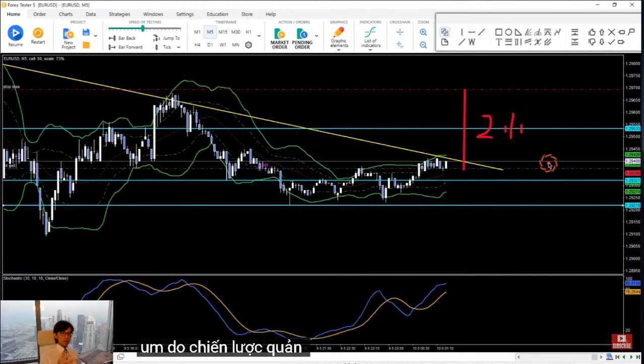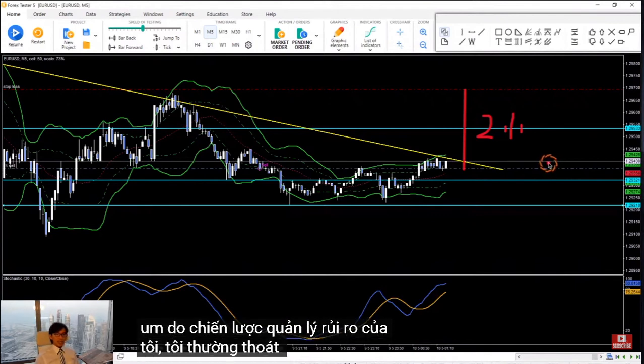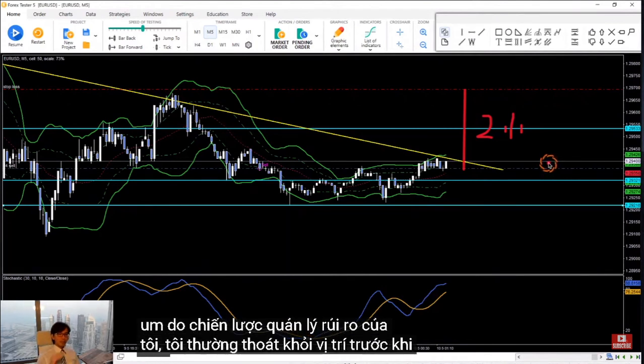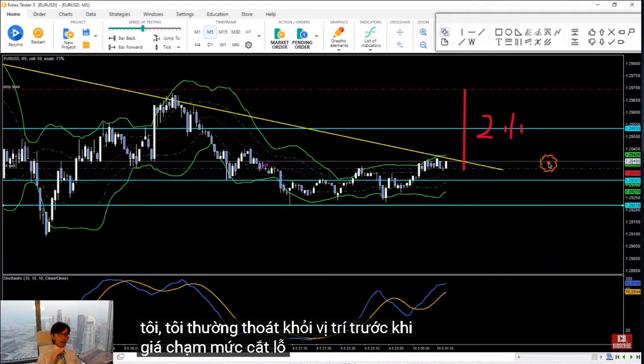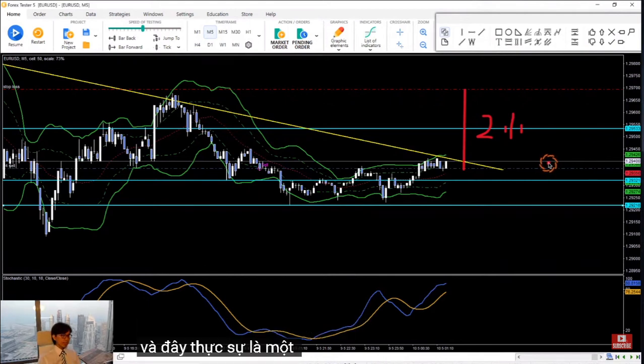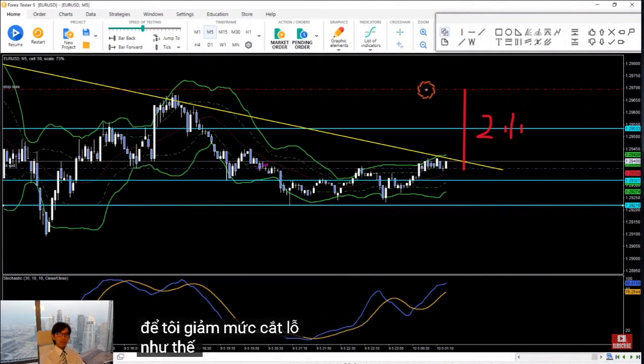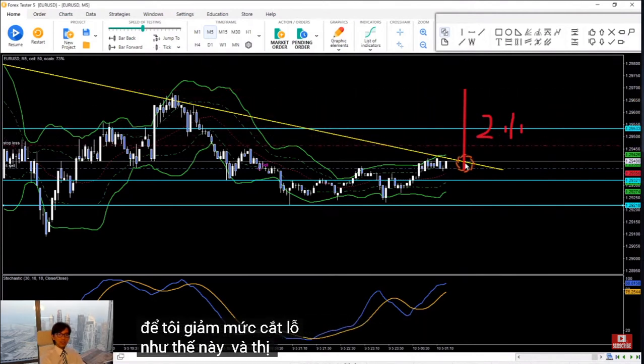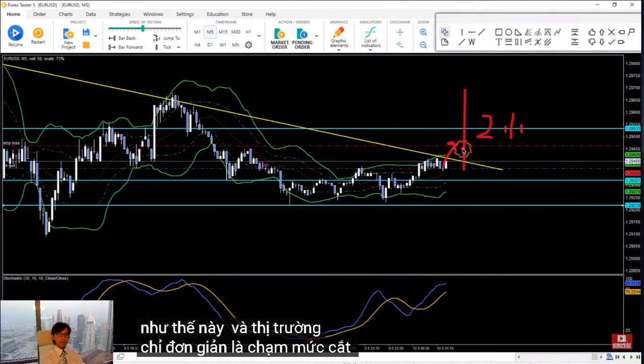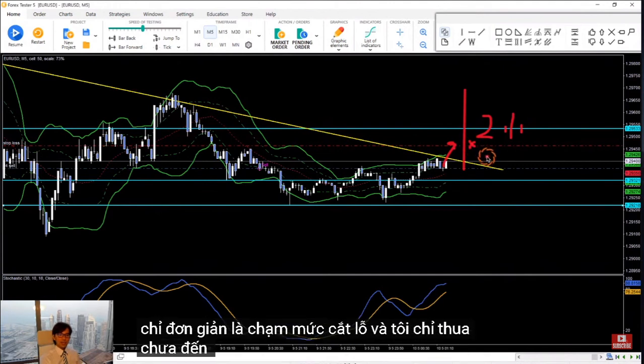Due to my risk management strategies, I usually exit the position before the price hits the stop loss. This is one of the examples. I lowered the stop loss this way, and the market simply hit the stop loss, and I lost only less than 1%.